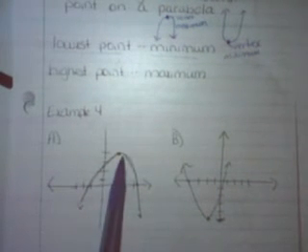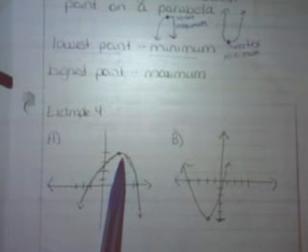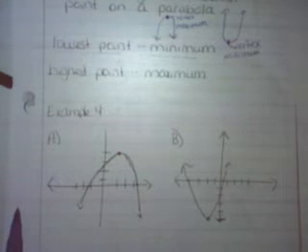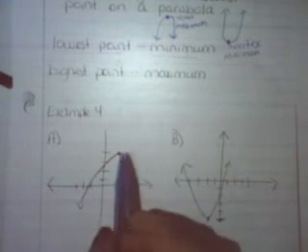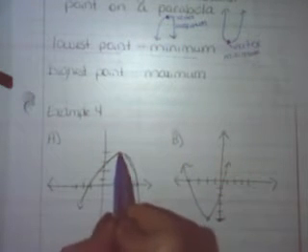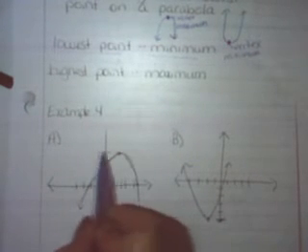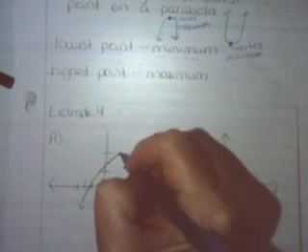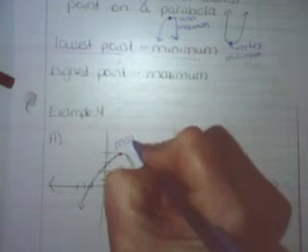Let's look at this last example. Does this have a minimum or a maximum? I can see that this is the highest point on the parabola. So this is going to have a what? The highest point is called the vertex, but it's also the maximum.